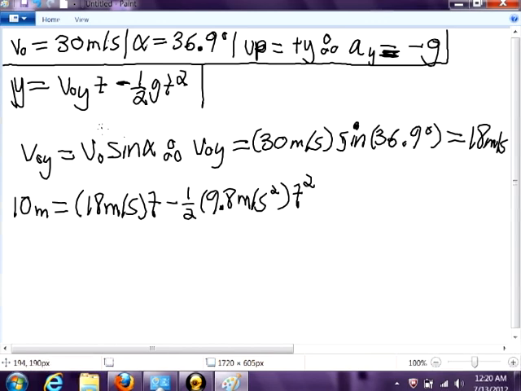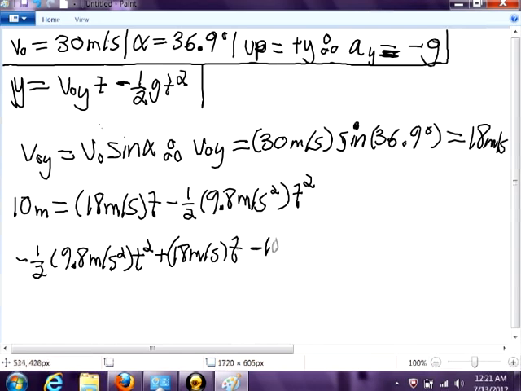I'm going to write it in descending order of the exponents, and subtract 10 meters from both sides. So we have negative 1/2 times 9.8 meters per second squared times t squared plus 18 meters per second times t minus 10 meters, and that's all equal to 0.